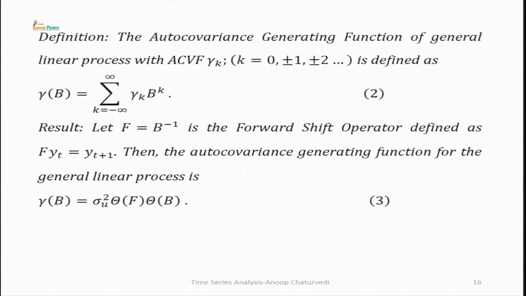Then the autocovariance generating function for the general linear process is gamma(B) equal to sigma squared u theta(F) theta(B), or you can also write it as sigma squared u theta(B inverse) theta(B).